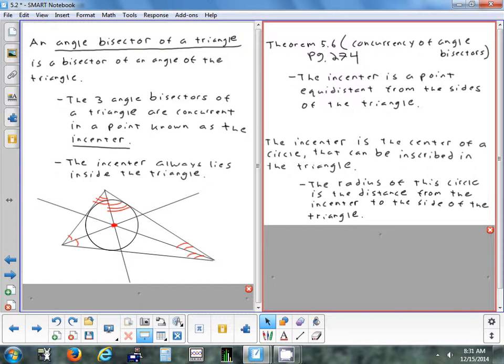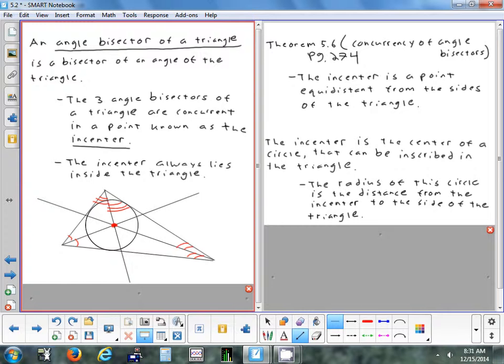You want to measure it perpendicular. So if I was going to measure my radius to the side of the triangle, I measure it about like that, where that's a 90. That's the radius of that circle to the side of the triangle.